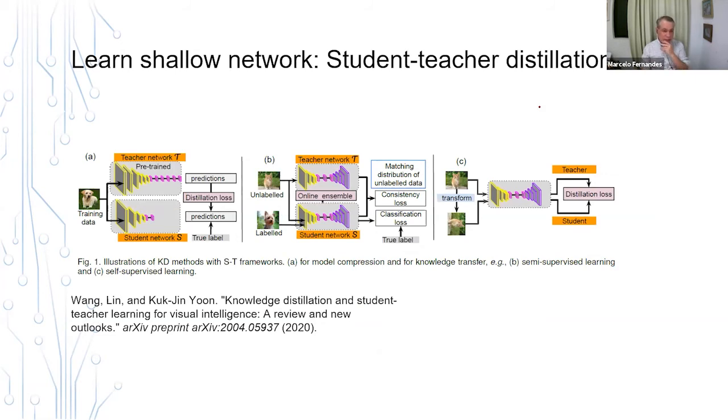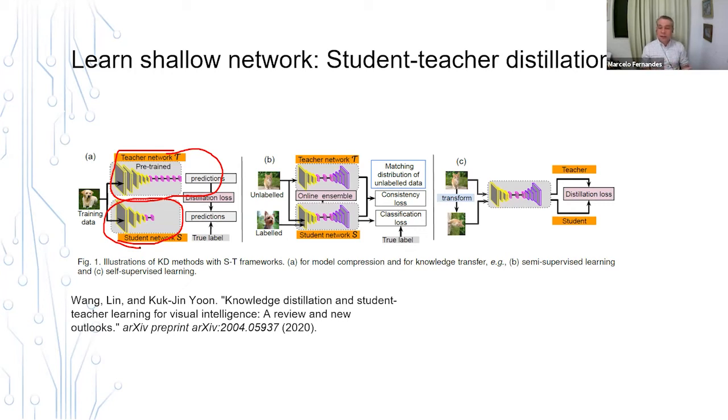And another case here is student-teacher distillation. We have a pre-trained deep learning model, and this can train another deep learning model, a reduced one. The teacher is a big deep learning model, and the teacher trains the student, which is a small deep learning model.